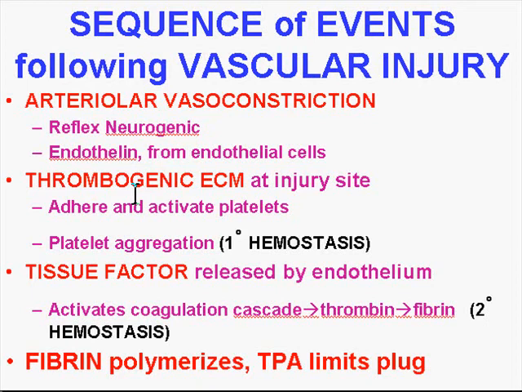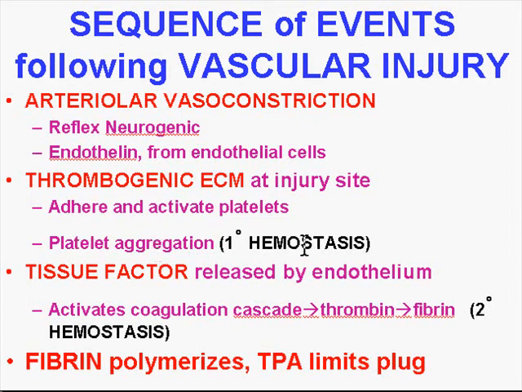The extracellular matrix, when exposed to the blood, acts as a very powerful substance to adhere and activate platelets.